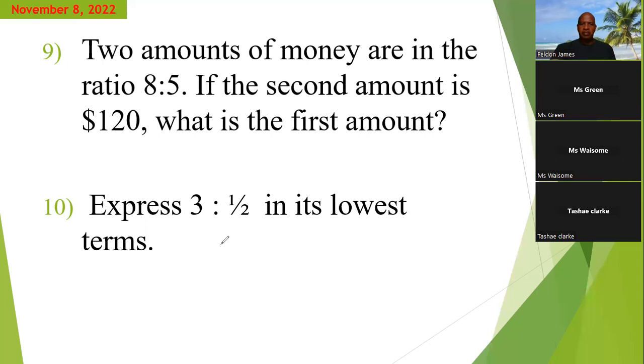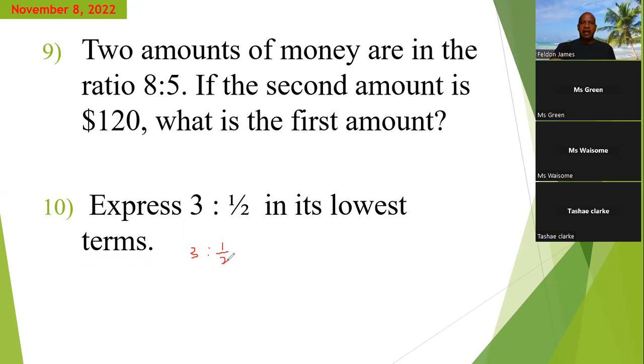So I had 3 to 2.5, and then I put 3 over 1, sir. Divide. So I turned the whole number 3 into a fraction. So 3 to a half.